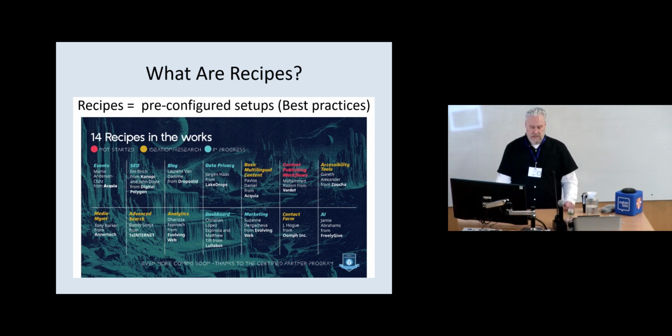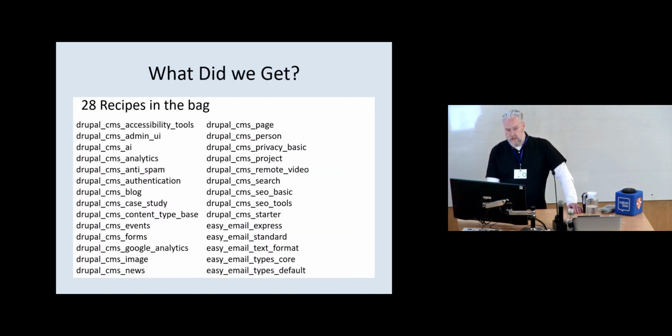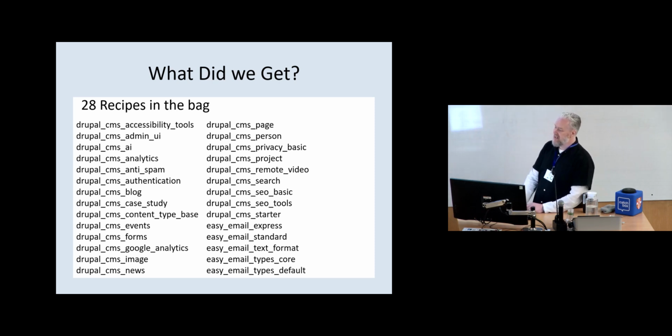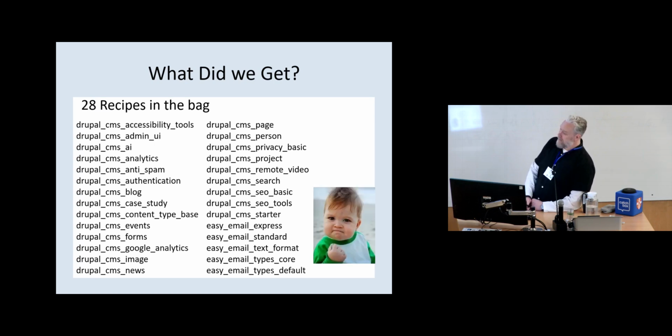Pre-configured setups. Announced at DrupalCon was 14 recipes in the works. Yeah, what we got was 28 recipes and some more extra ones from Core as well. So that's why this is going to be high speed. I also learned that you can't have a presentation without fist bump kid.